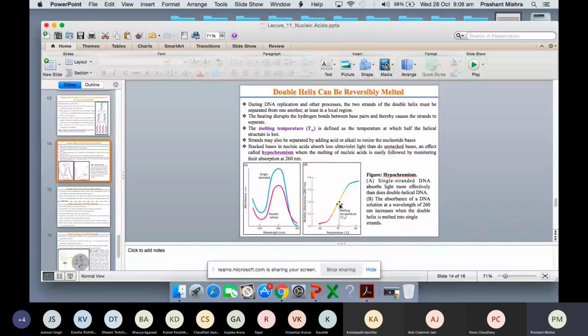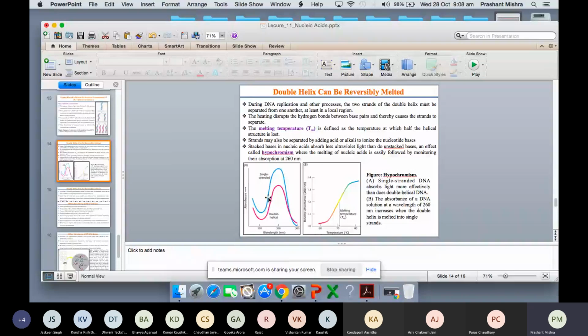The point you have learned here is that this can be monitored by a spectrophotometer. When the DNA nucleotides are stacked together, they have lesser absorbance. You can see the red one, and then when it opens up, the blue one.